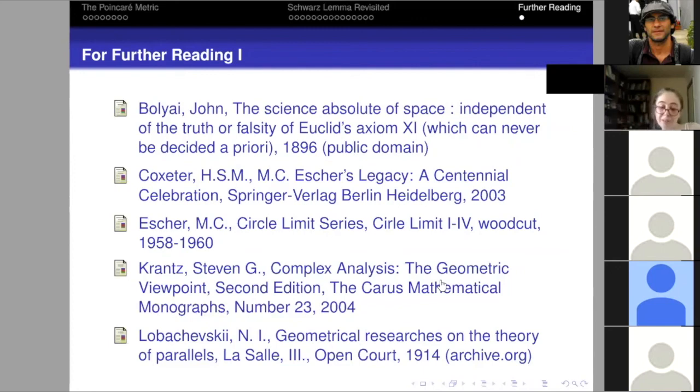So there is a historical aspect to this metric. The first and last references are Bolyai's and Lobachevsky's own writings. They are all in the public domain. I included the links here where you can find those documents.